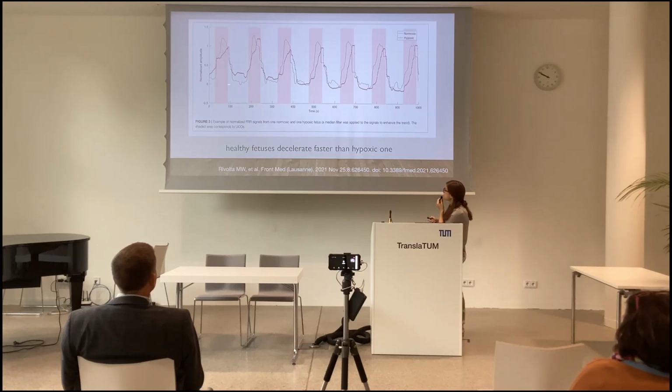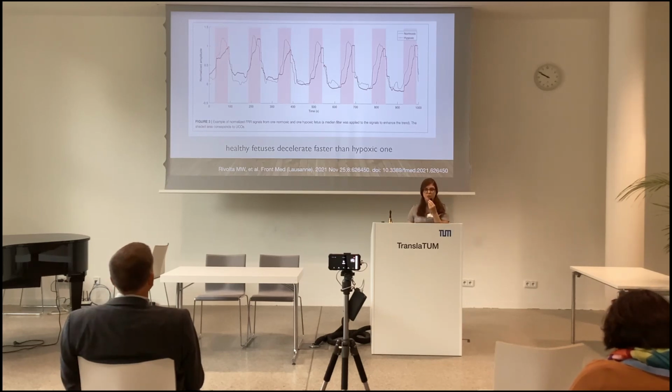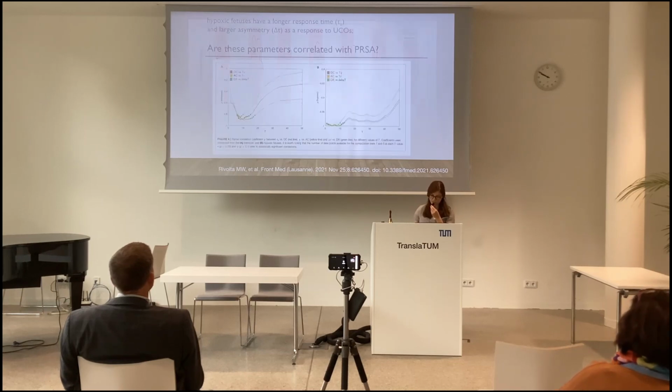And here you can find an example of normalized fetal heart rate signal after this compensation. As you can see, the red ones are the hypoxic population, and they show a slower adaptation to the deceleration with respect to the healthy population. So it's true also the contrary: the healthy fetuses decelerated faster than the hypoxic ones.